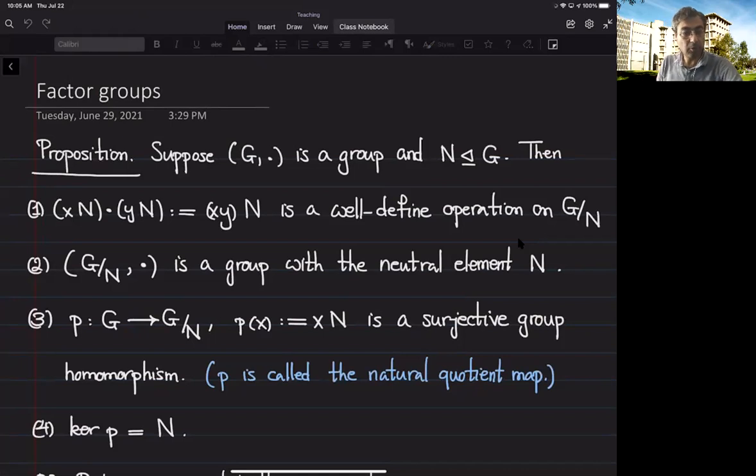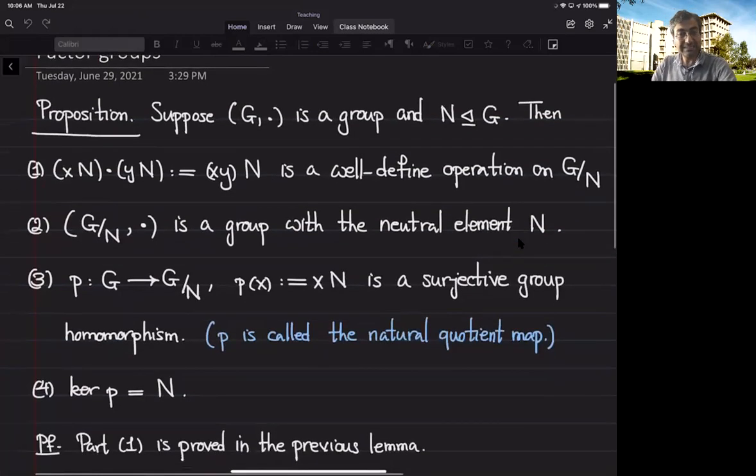Essentially, part one of this proposition we have already proved. Now we want to use that operation and show that G over N becomes a group with respect to this binary operation.